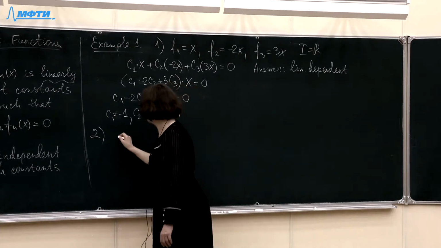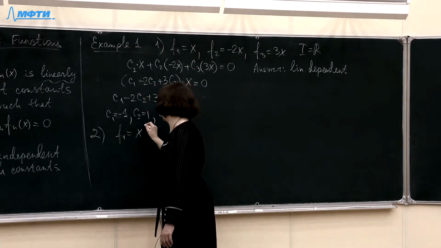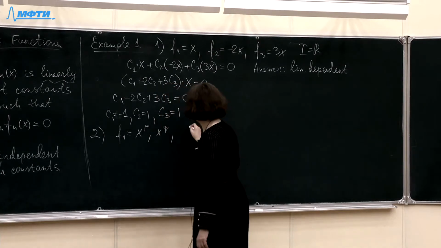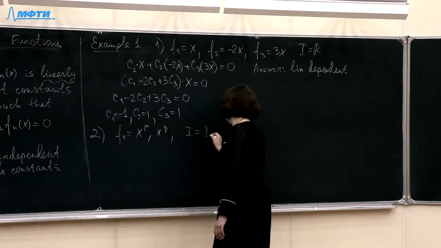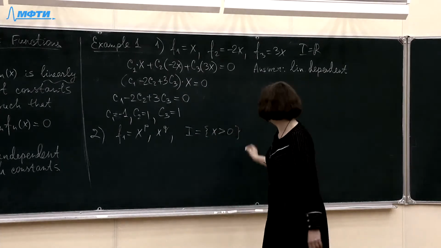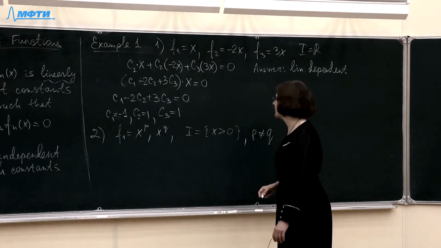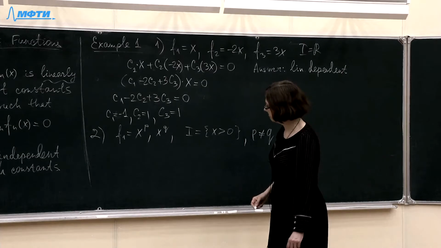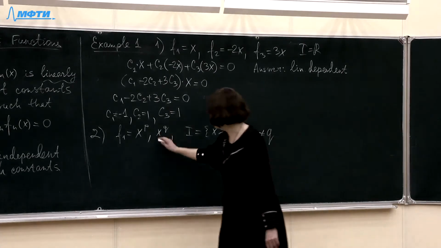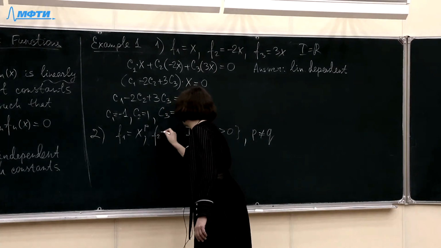Let's check the other functions. Let f1 equal x to the power p and f2 equal x to the power q, and I will be x greater than 0, and p does not equal q.